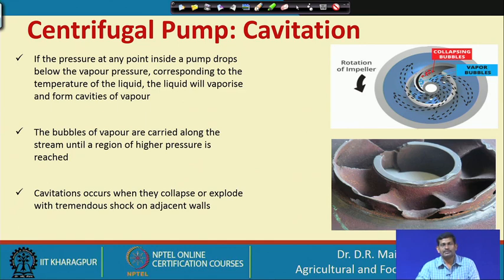All these vaporized particles are accumulated at the eye of the impeller, and those are called cavities. When the cavities pass from the low pressure at the eye of the impeller to the high pressure at the end of the impeller, or the end of the vanes, all the bubbles which are formed at the center of the impeller are going to burst.